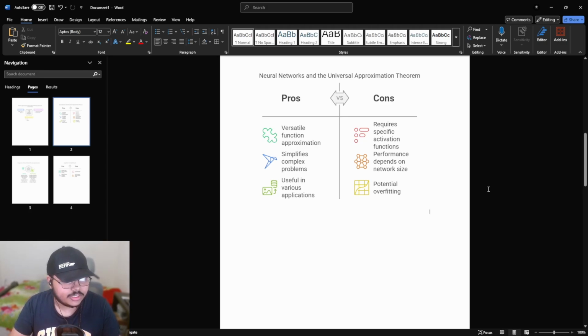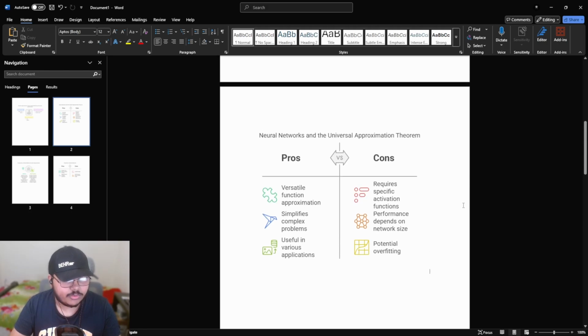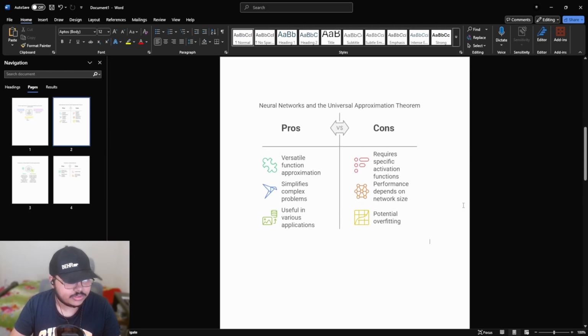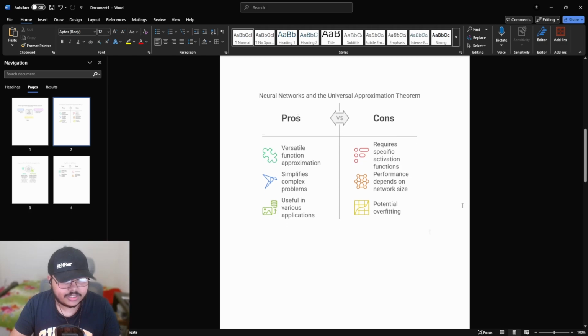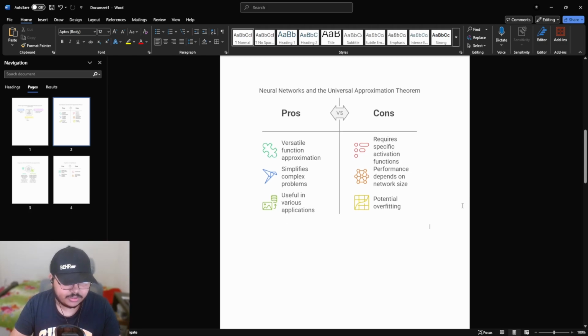Some of the cons in this example are that it requires specific activation functions. It's very limited in that aspect. As we talked about before, it does require very specific ones. And its performance depends on the network size, so its performance can vary a lot. And then there are potential overfitting issues involved as well.